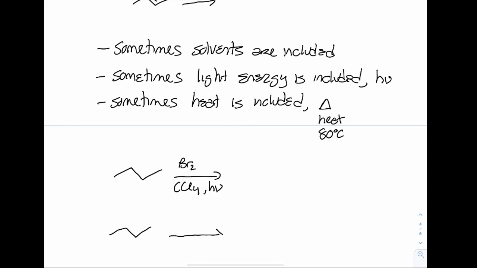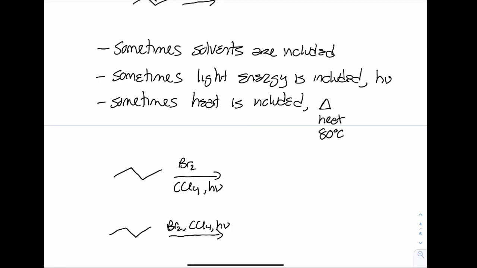I could put my reagent on the left side of that arrow. So if I was to write Br2, my carbon tetrachloride, CCl4, and then my light energy, those are equally correct. They mean the same thing. It becomes a habit for students who are first learning to think that if it's on the bottom, it has to be the solvent, and if it's on the top, it's my reactant. That's not always true.